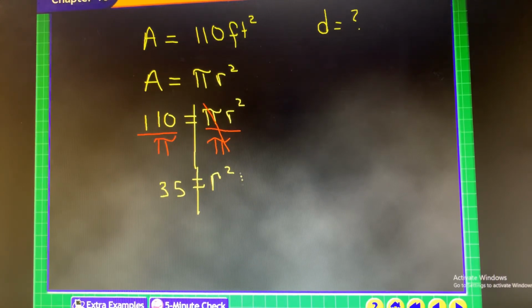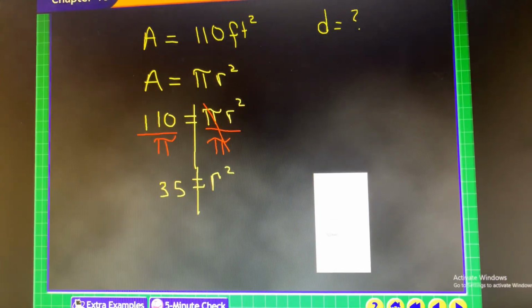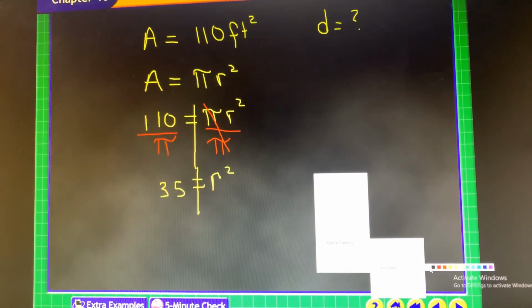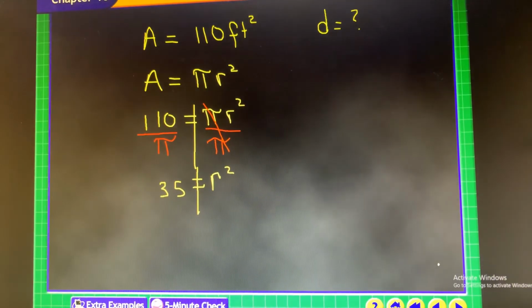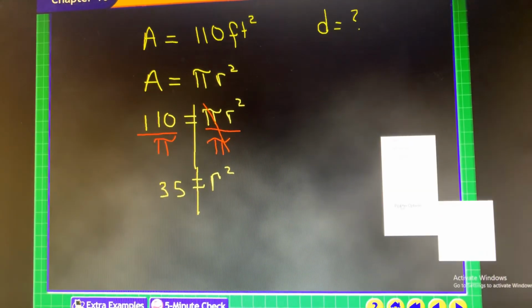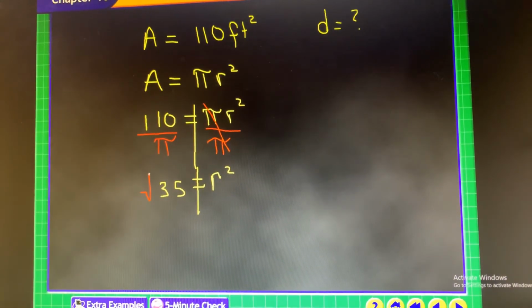I'm not done because I have a square here. Remember in chapter 9, we learned the only way to get rid of a square is to square root it. Remember that? So I need to square root both sides.